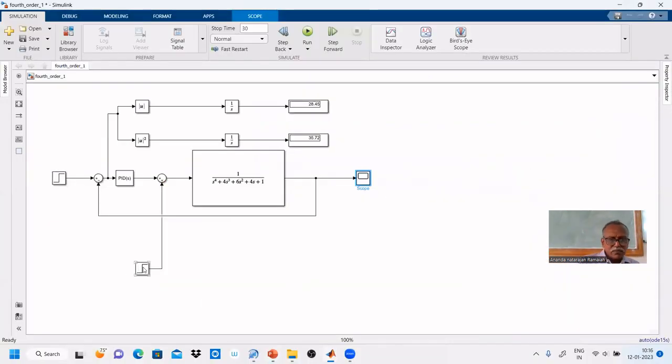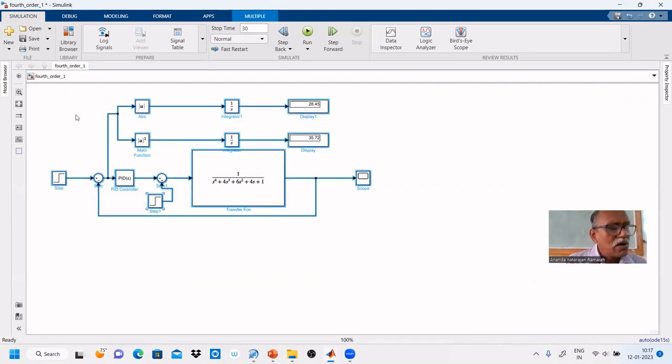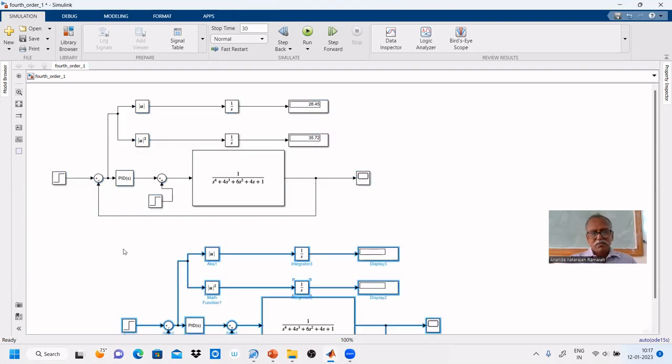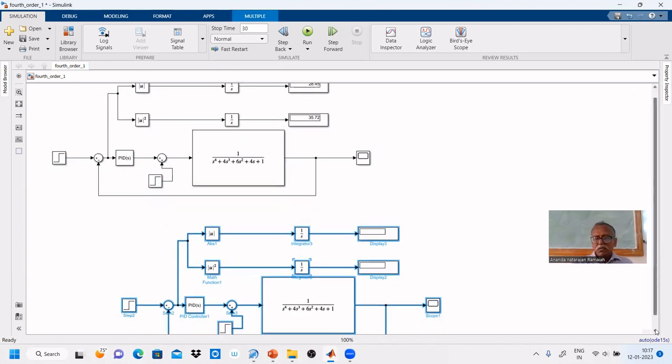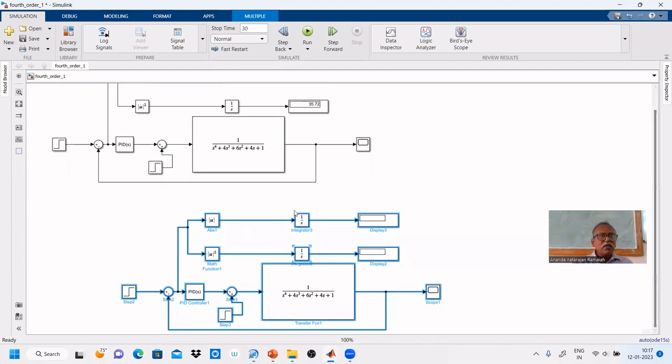Now I need the same thing again. I selected all and copied. I paste here, and I got one more setup. One for the reaction curve method, another for continuous oscillation.